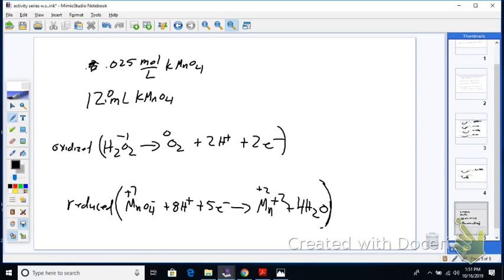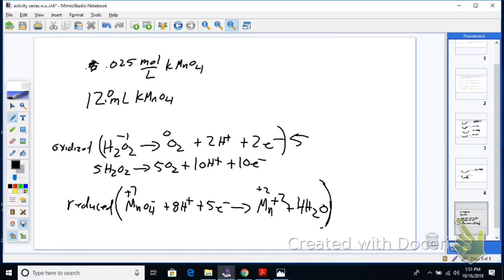By 5. So we got to multiply everything by 5. So it becomes 5 H2O2 arrow 5 O2 plus 10 H plus how many electrons? 10 electrons. I'm going to have you guys do the bottom one.